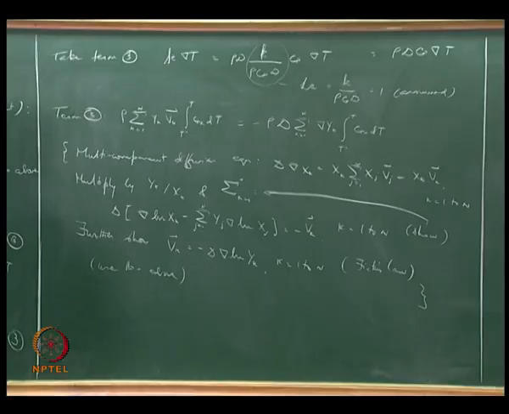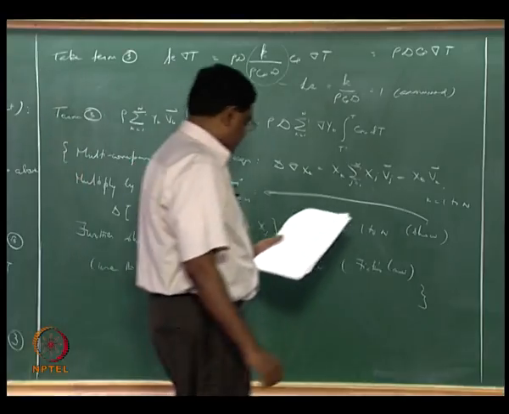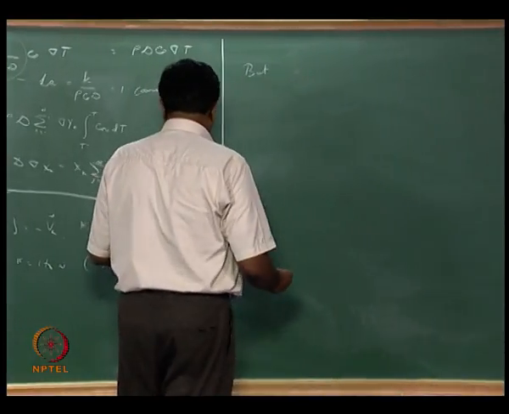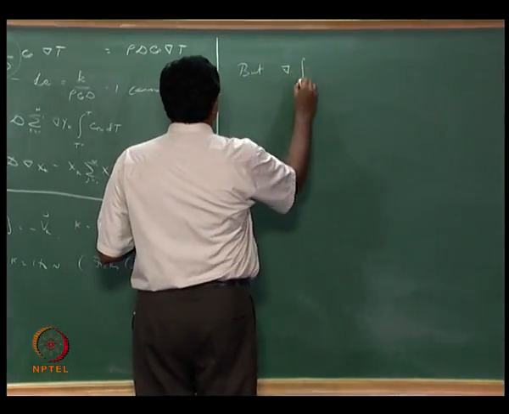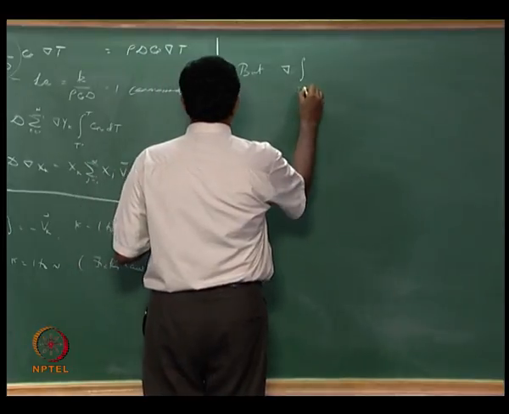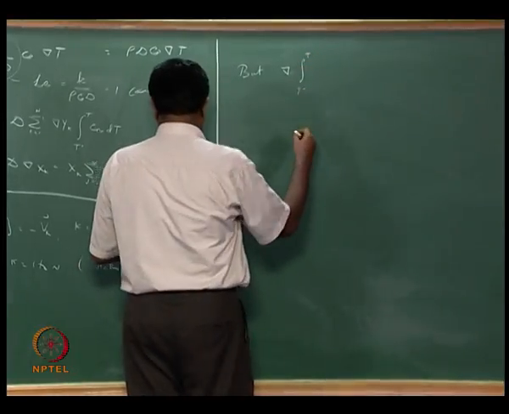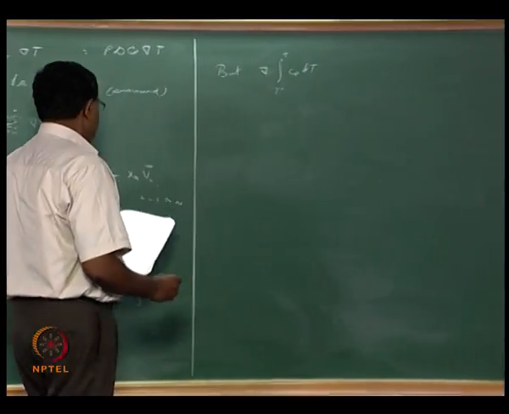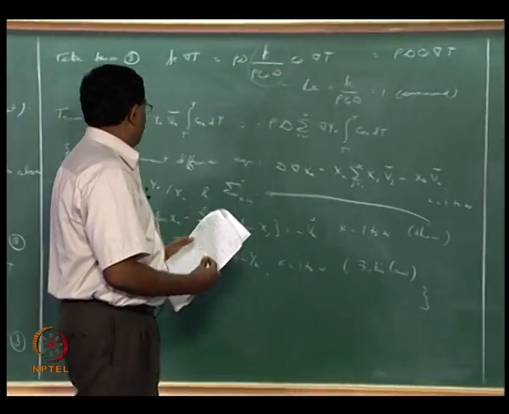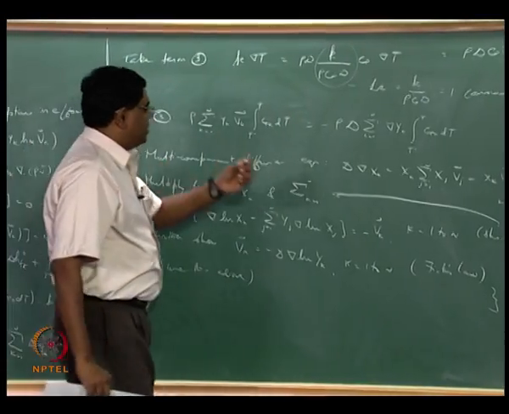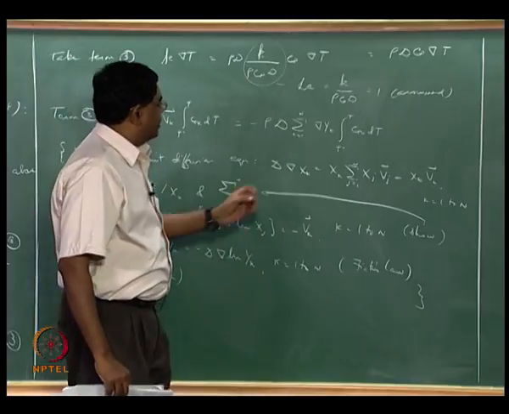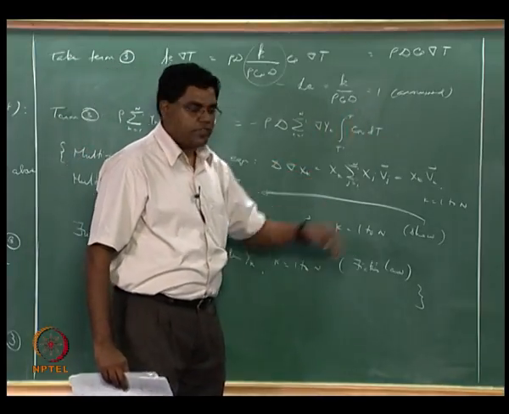Then let us now consider gradient of integral t naught to t cp dt, right. The reason why we want to do this is we now find that gradient yk shows up here, right, and then you now have a cp integral cp dt.